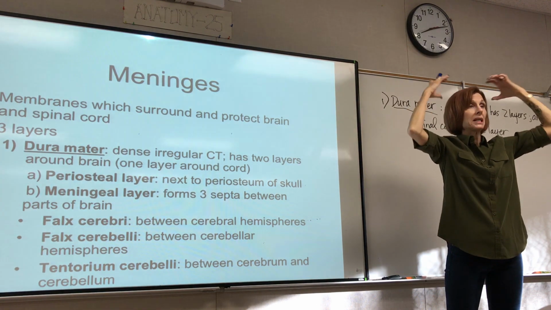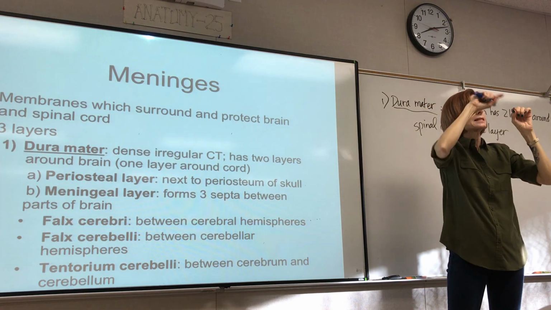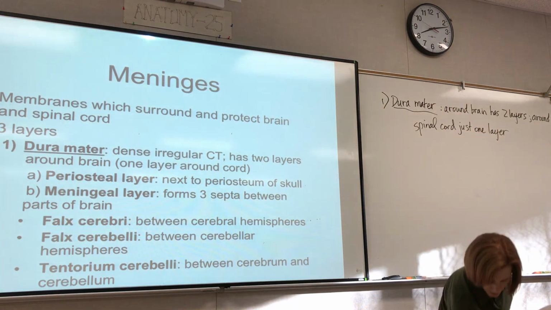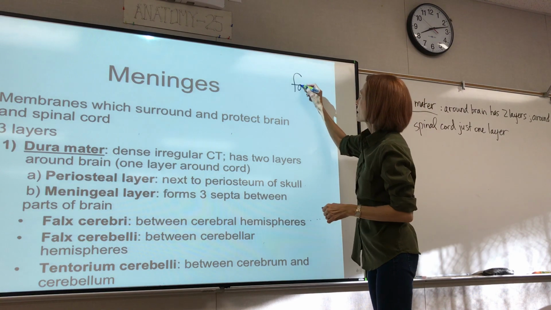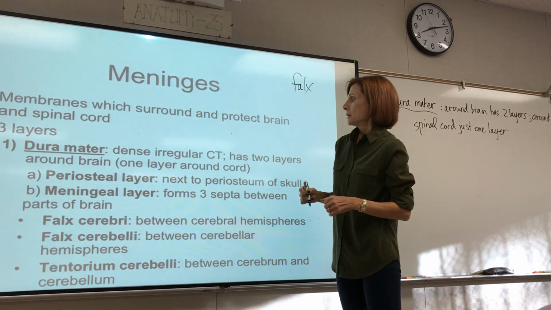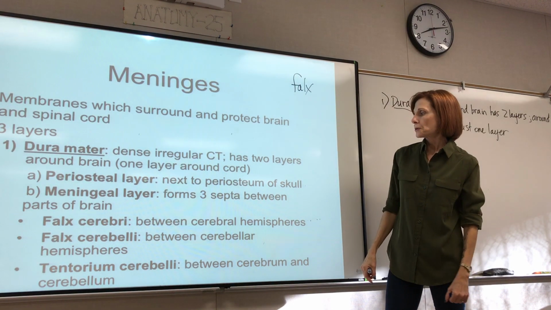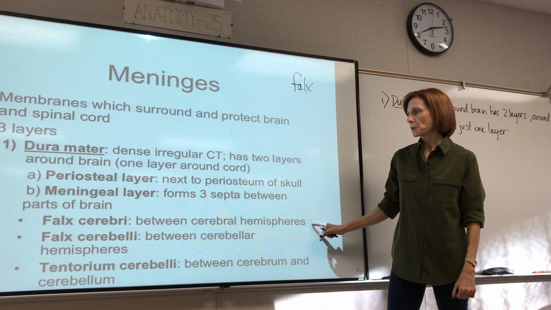Cerebri because it's the cerebrum. Falx means it's like a C shape. I know this word doesn't really look like that's what it means, but it means it's a C shape, like sickle shaped. You know what a sickle looks like?